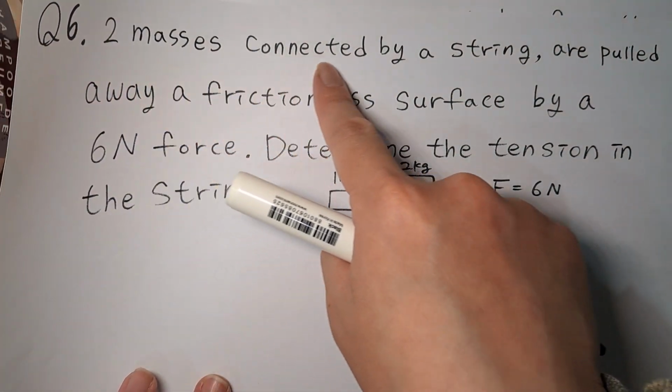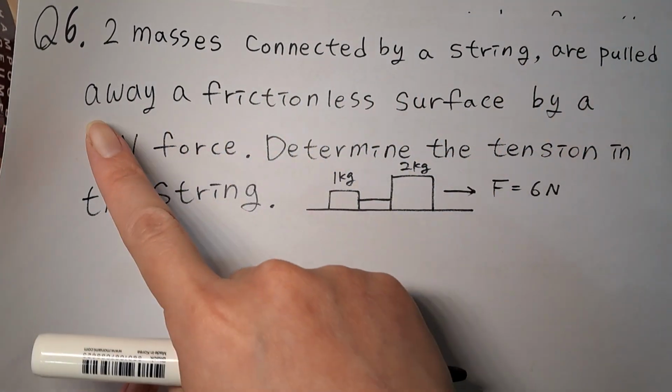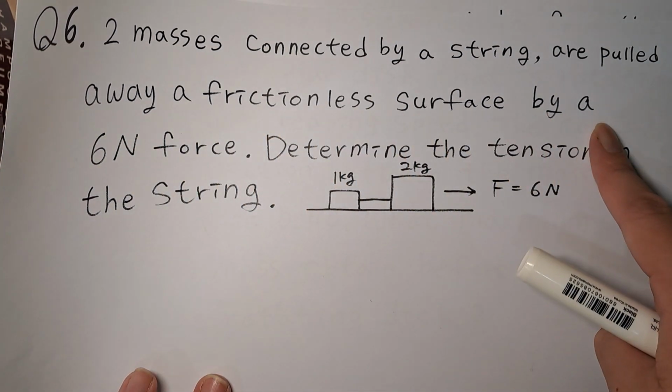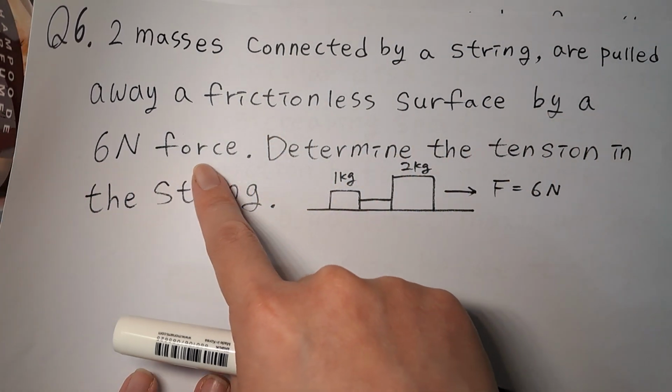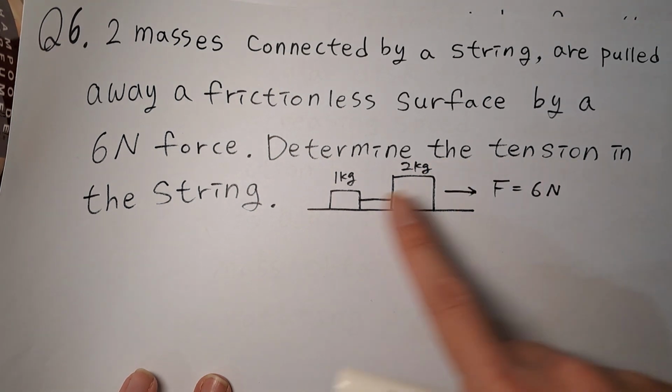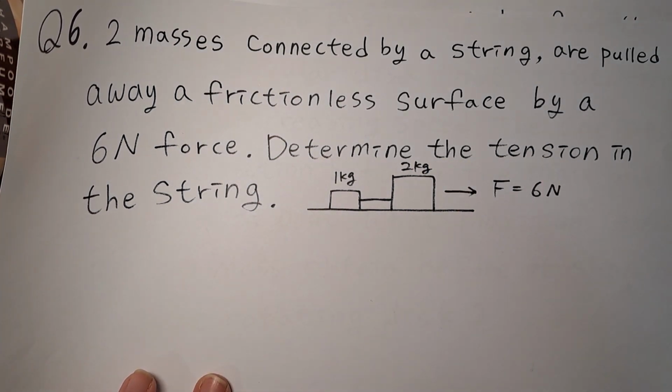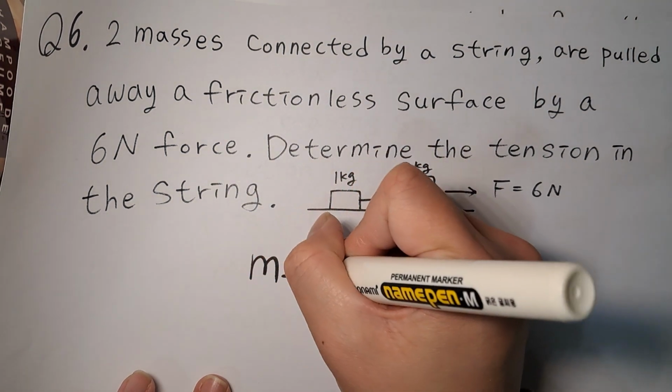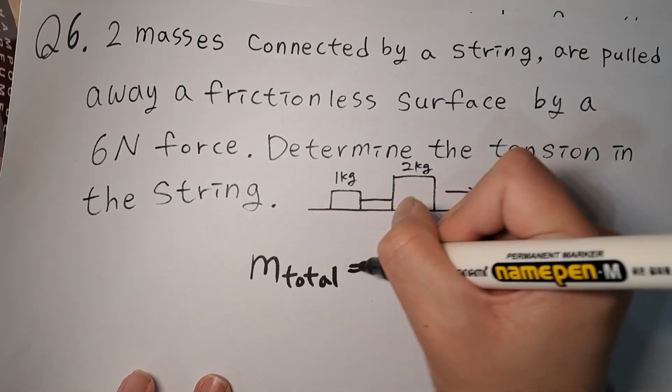The masses connected by a string are pulled across a frictionless surface by a 6 Newton force. Determine the tension in the string. We are going to find the total mass.